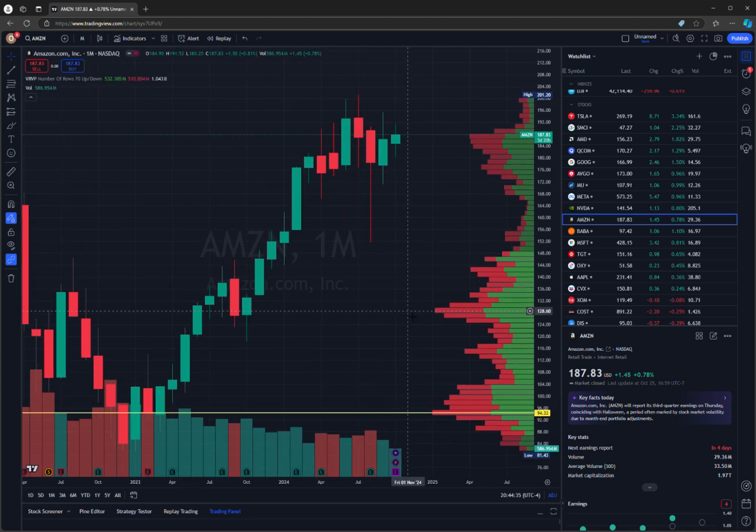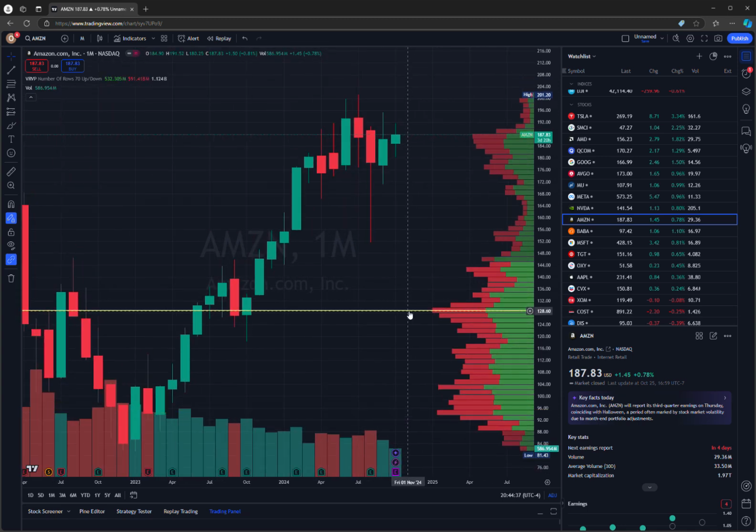All right, so let me answer that monthly question first. When it comes to support and resistance, the zones are typically pretty easily seen on the monthly.